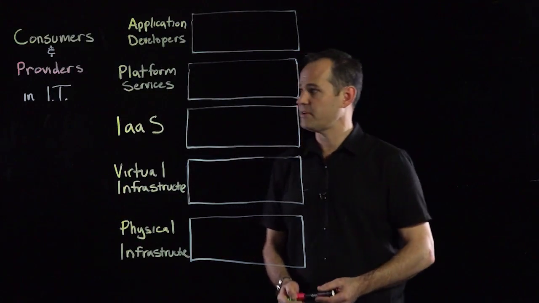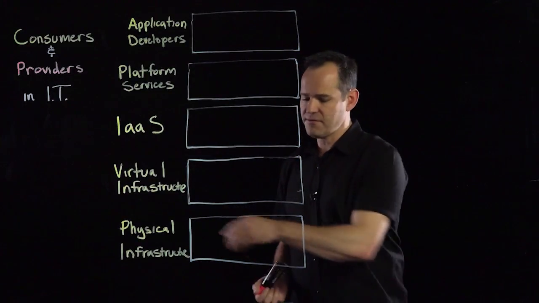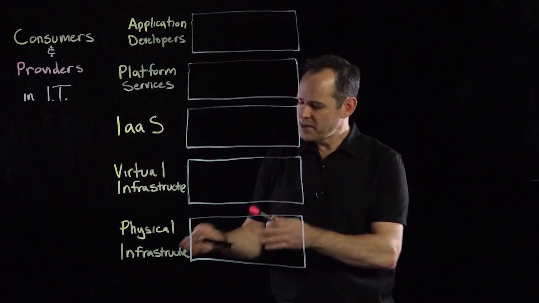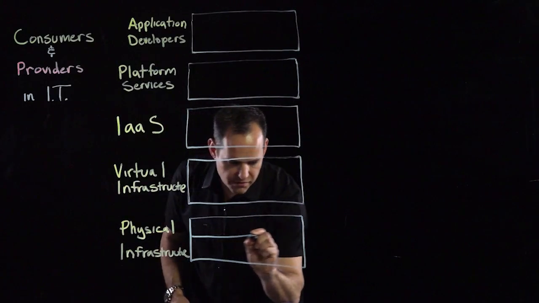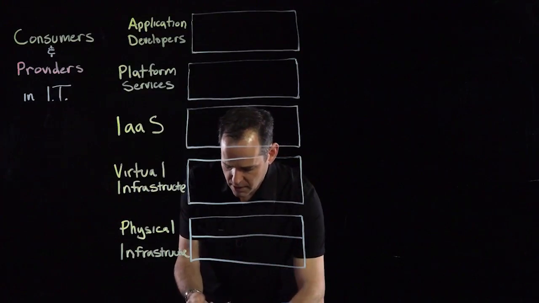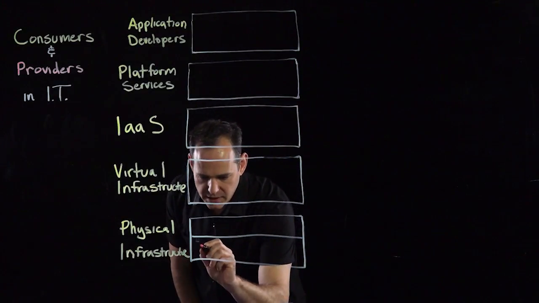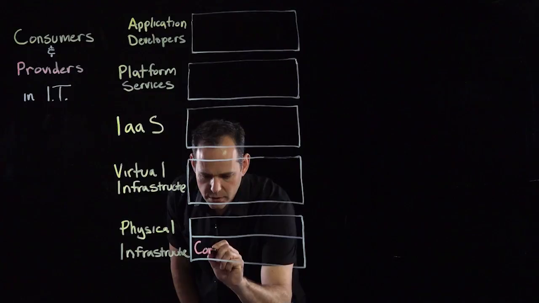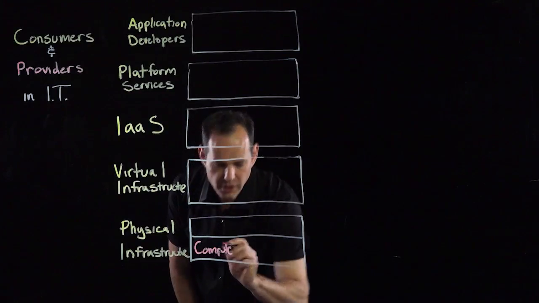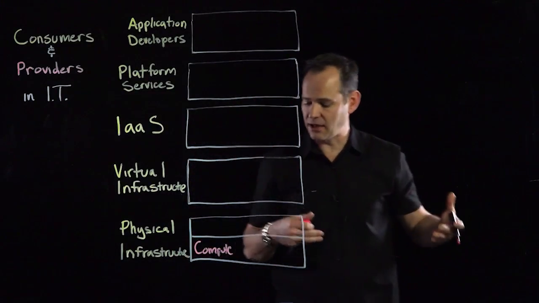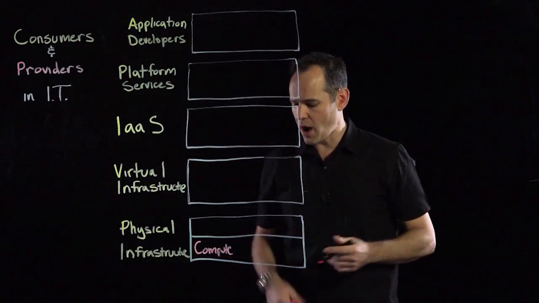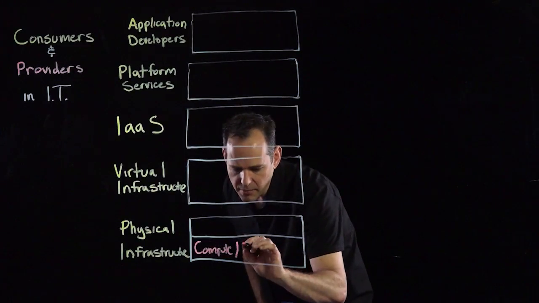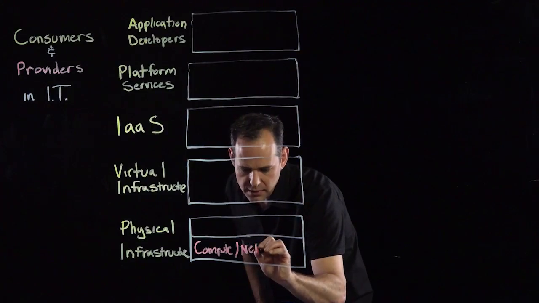If we start off down here at the physical infrastructure layer, what do I actually care about? Well, most likely I have to make a decision around the compute platform I use. So basically what server, is it a Dell, is it an HP, is it a Blade, is it a rack mount? Then I've got the networking decision.